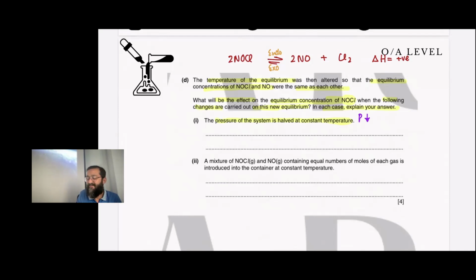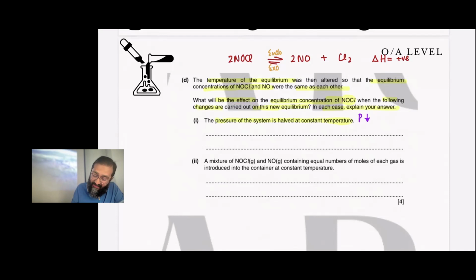Yeah, towards more moles, because when we decrease the pressure, we actually expand the volume. So the system is going to produce more moles to restore the equilibrium. So equilibrium shifts to the right. And what happens to the concentration of NOCl then? Decreases. Yes, because they have asked you for the effect on the equilibrium concentration of NOCl.